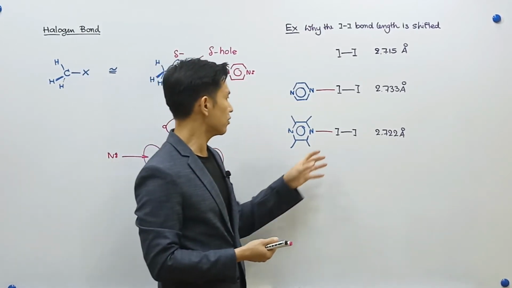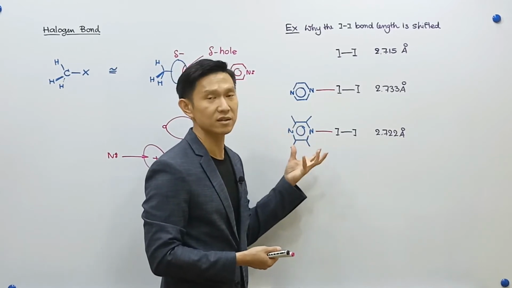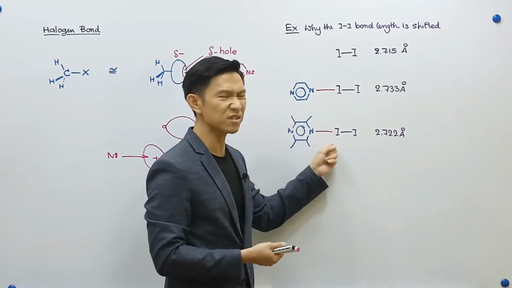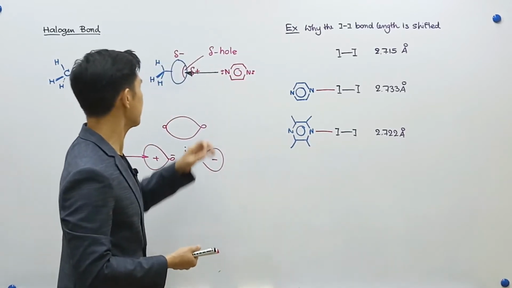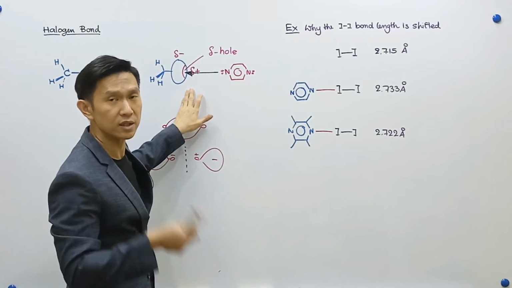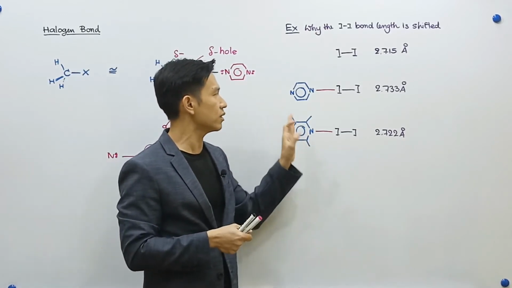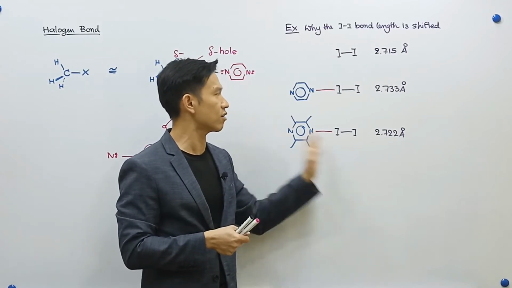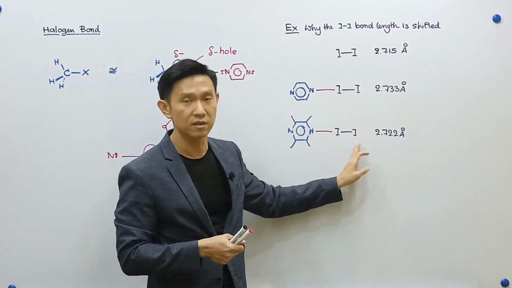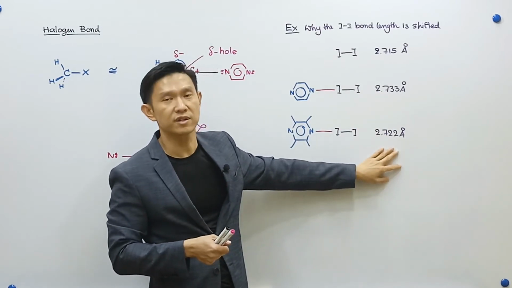And so, if the electron density is higher, interaction should be better, right? Because the electron density interacts with the sigma positive. It should be stronger. And if it is stronger, you can then elongate the II bond better than this. And the number has to be more than 733.